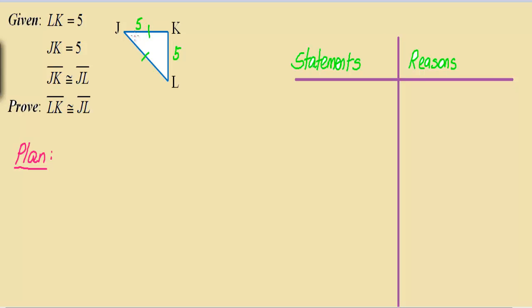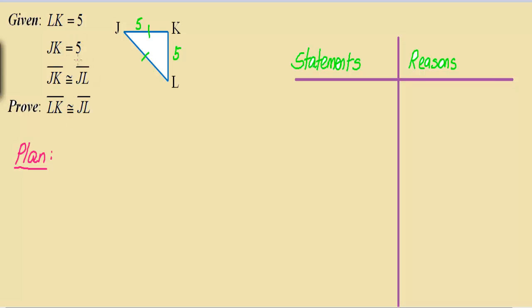Okay? And before I start arriving at the proof statement, which is segment LK is congruent to JL, let's make a plan. Let's see how I will be able to reach this proof statement with these given statements.